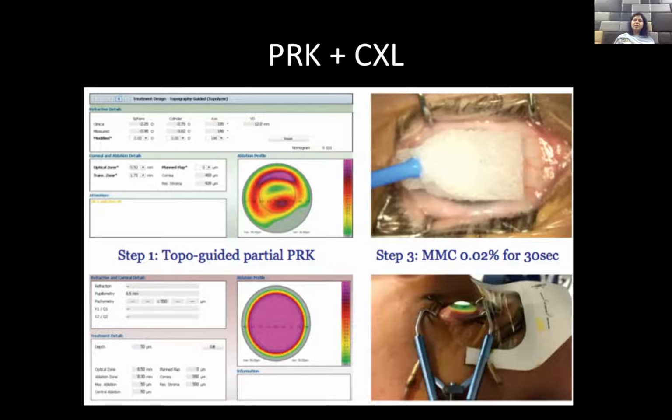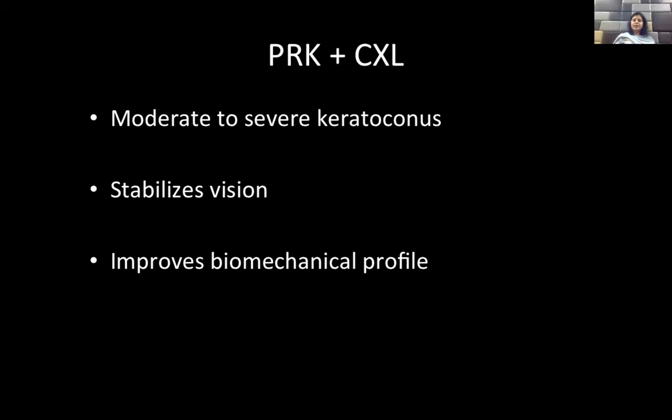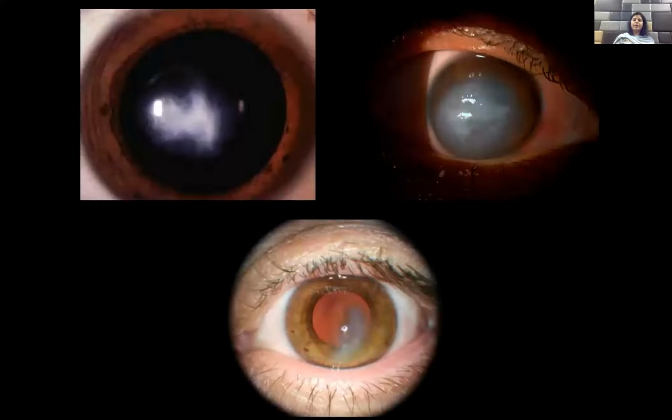So what happens is, at the end, the patient probably has better uncorrected visual acuity, or maybe becomes more contact lens tolerant, or with spectacles he is able to improve a little more. So this can be done. It can be used for moderate cases, and it stabilizes vision because you're doing a CXL, and it stabilizes the keratoconus also.